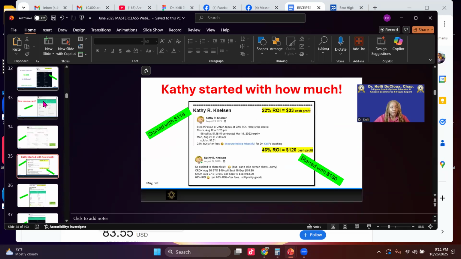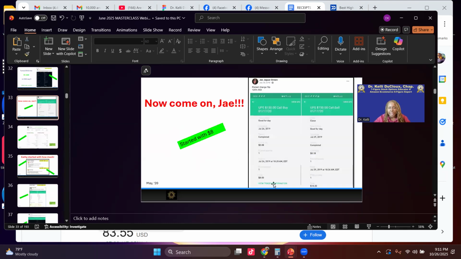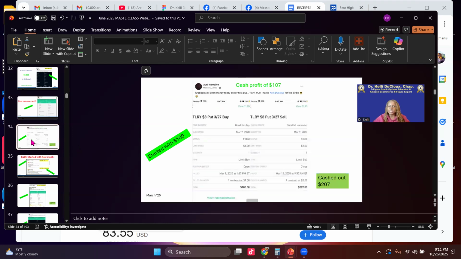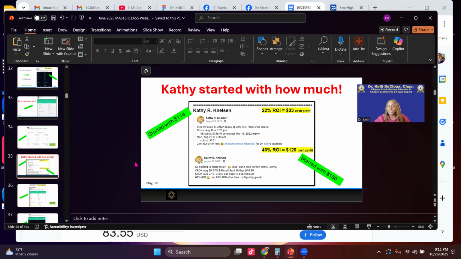So what else we got over here? We have Jay. Oh my God. Jay started with $8 and made 125% ROI. Right? So just a couple more real quick. Avril, she started with 100 and made 207. That's 107% return. We got Kathy, who lives in Canada.